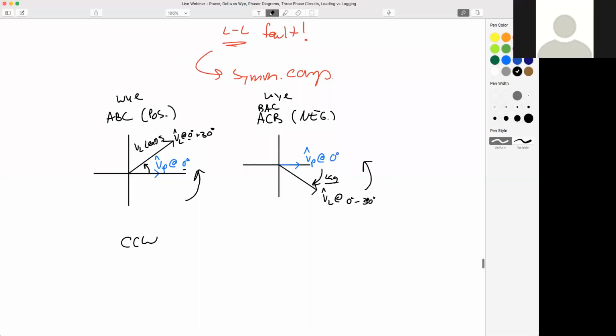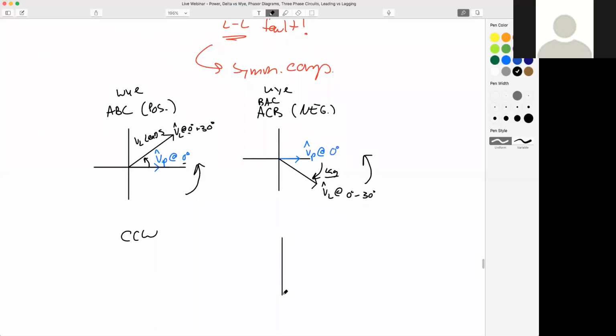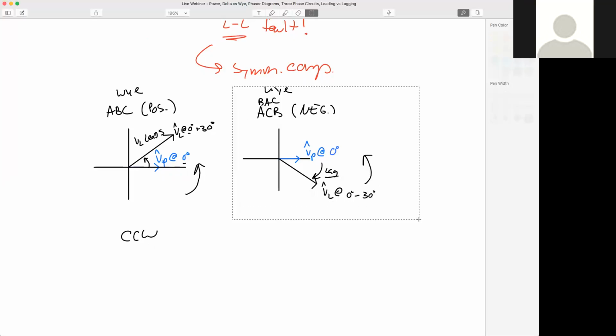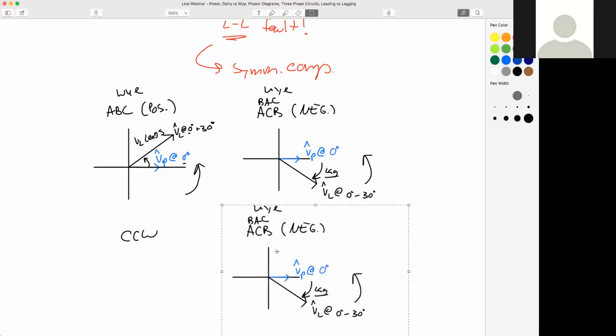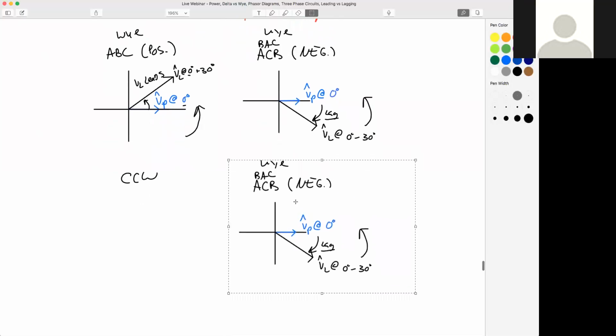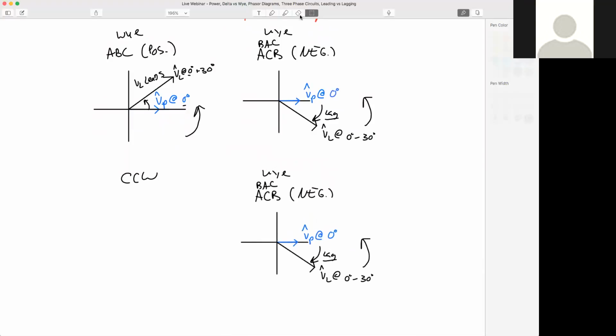So there's two ways that we could really represent the negative phasor diagram. And the most important, relating to the PE exam, they're usually just going to give you a phasor diagram like this and say a balanced system. Let me just redraw it because I think that's actually a really good point. So on the PE exam, if you get asked a really straightforward question, look how easy that is. It's going to say, is this a positive system?